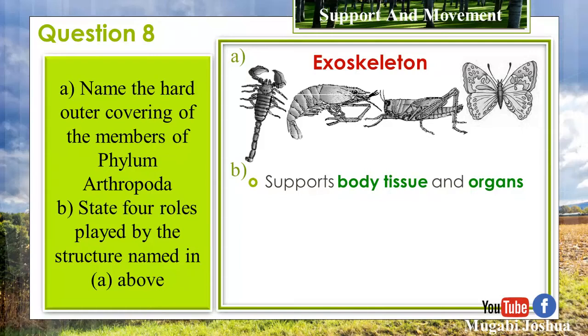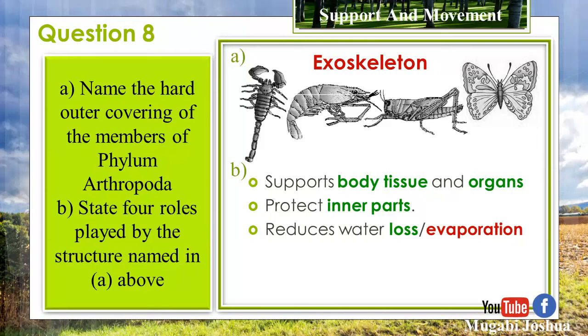The first one, the exoskeleton supports the body tissue and organs. Secondly, it protects the inner parts of the insect. And third, it reduces water loss or evaporation.